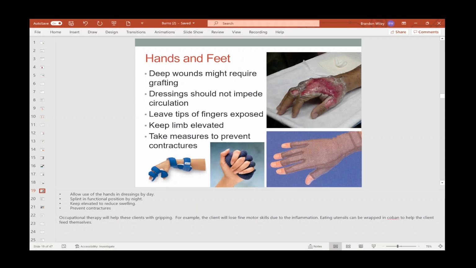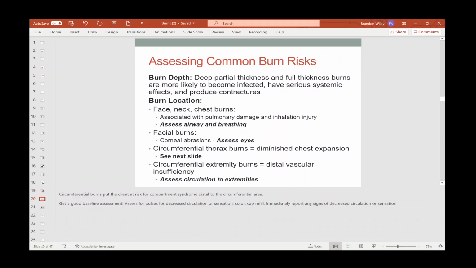So if I have a circumferential burn on my torso, how am I going to expand in order to get an adequate breath? I'll show you in just a minute, but yes, we're going to have to help them expand.